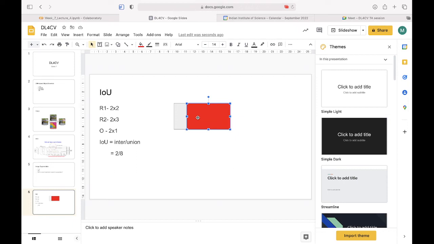How do I explain? If it is a sum of areas, if it's like this, then the union will be 10 because they are disjoint, right? The union of these two because they are disjoint is just the sum.